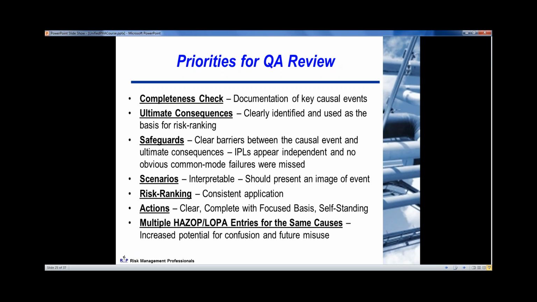Recommendations or actions need to be self-standing, as I mentioned before. And a key thing that shows up a lot is, let's say you're in node 22, and they're talking about high pressure. It's so tempting for a lot of teams to go back and identify, well, high pressure could have been caused by something else that occurred in another node, and to repeat the same thing.